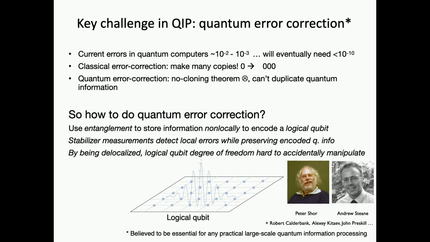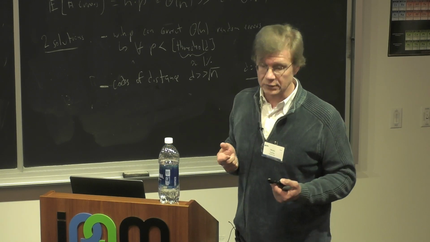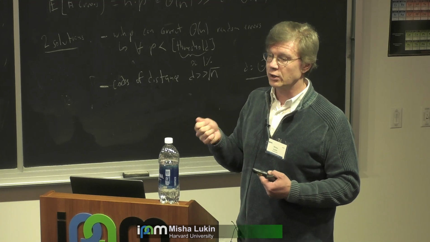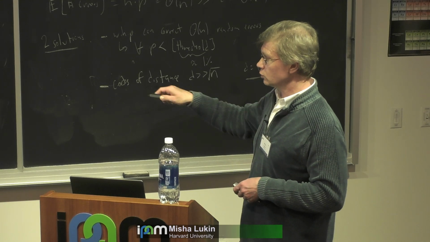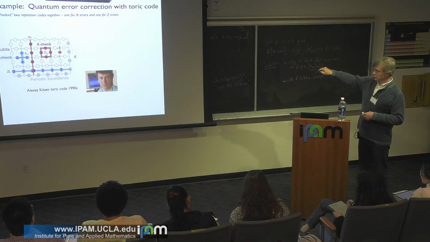So at the end of the last lecture, the idea of the surface or toric code was introduced. This is an example of something called a CSS code. CSS codes are quantum error correction codes which can be built from a product of two classical codes, one which corrects bit flip errors and another which corrects phase errors.